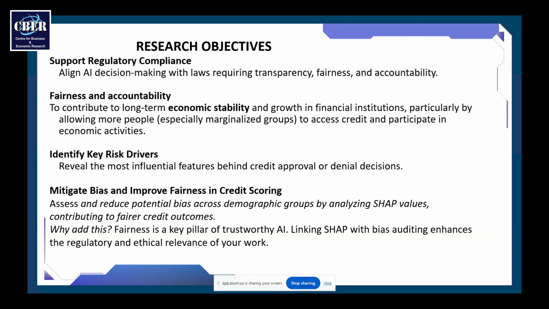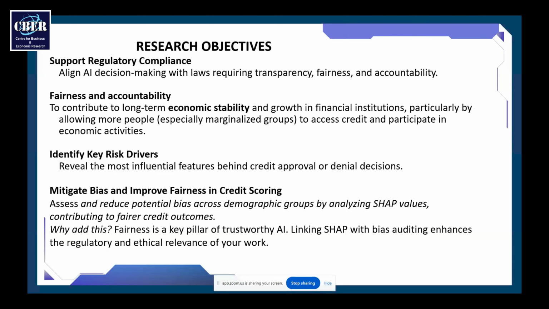And also to identify the key risk drivers. We know that the loans should be given or not based on the predictive analysis. But what are the key drivers? What are those features that are the strong indicators of whether a loan should be approved or not? Is it the credit history of the individual? Is it the marital status?